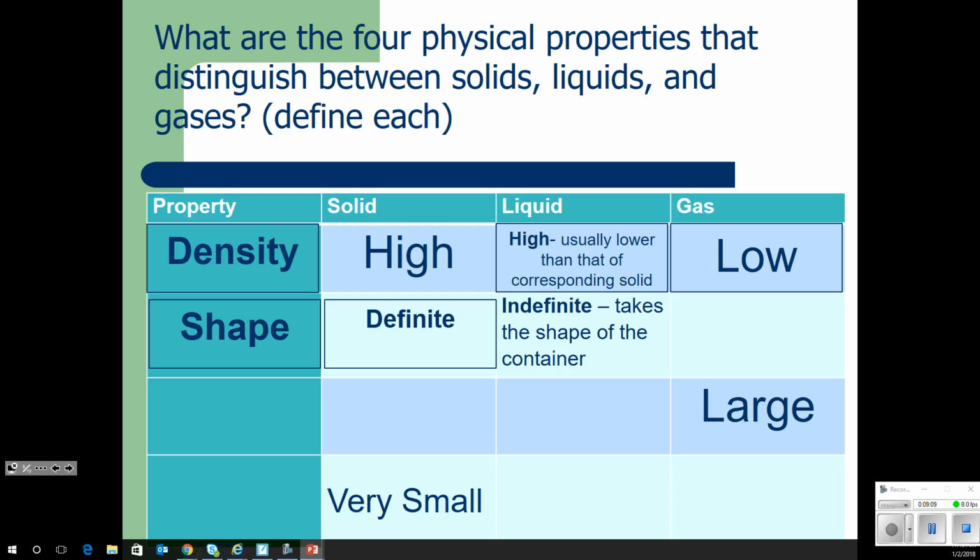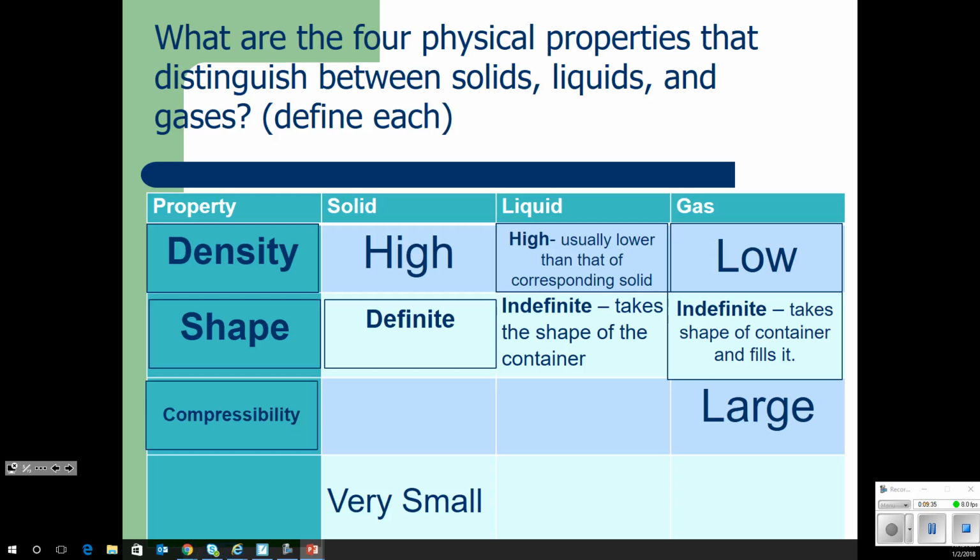A liquid has an indefinite shape, but it takes the shape of whatever container it's put into. A gas will take the shape of the container plus whatever is filling around the container unless you put a lid on it, and that will fill the whole space. Where a liquid will only fill up the space that it fills. A gas will fill the whole space.